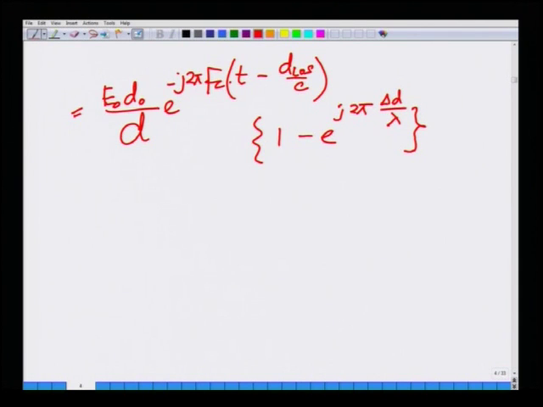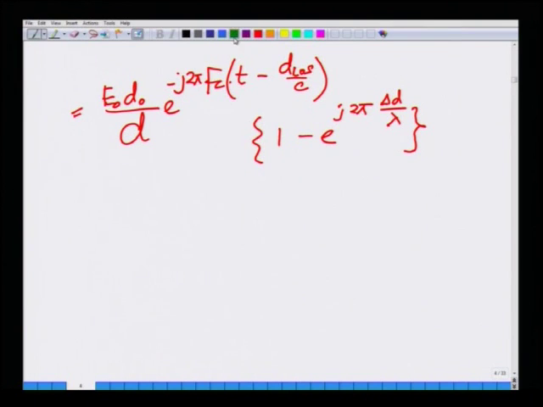Okay. So, I am going to write it this way. Essentially this is what we said, this is the E total, which is E line of sight plus the E reflected, and there is a minus sign because of the phase inversion at the ground reflection. Here for this simplification we have used the fact that c over f c, that is velocity over carrier frequency, is nothing but lambda, which is essentially the wavelength of the wave. Okay.